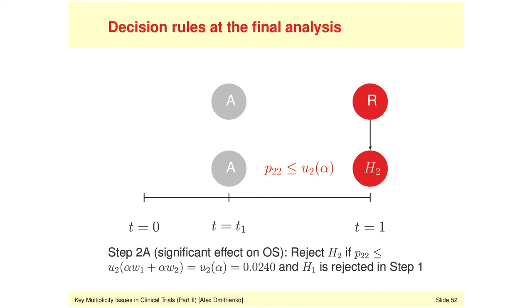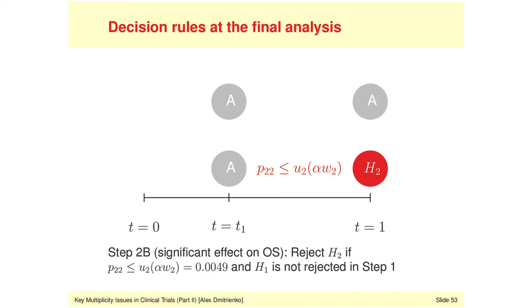This resulting adjusted significance level is shown in the slide, and the numerical value of this adjusted significance level is 0.024. That is the value of the threshold that will be used in assessing the amount of evidence to reject the hypothesis H2 based on overall survival at the final analysis.